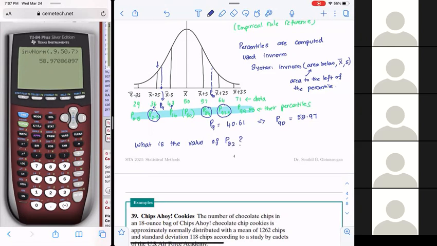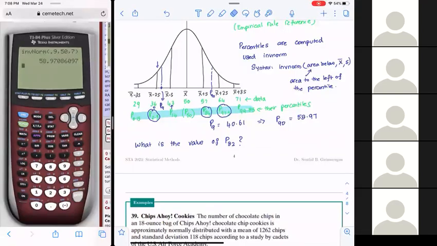Before we do that, there are multiple ways to guess the correct answer. One, the empirical rule, like I did. P82 lies between the observations 50 and 57. So the answer has to be somewhere between 50 and 57.